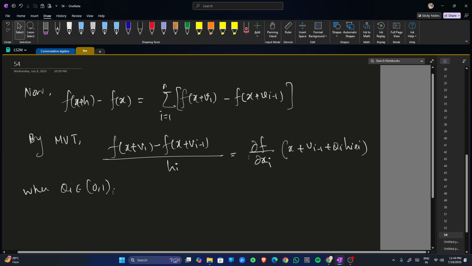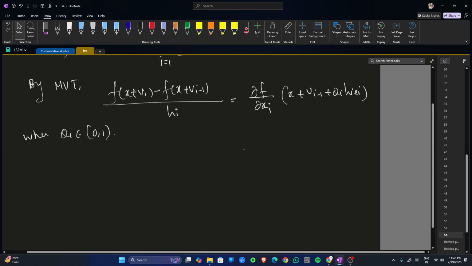This is coming from the one-dimensional mean value theorem.